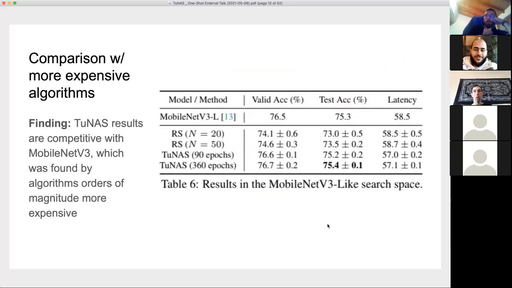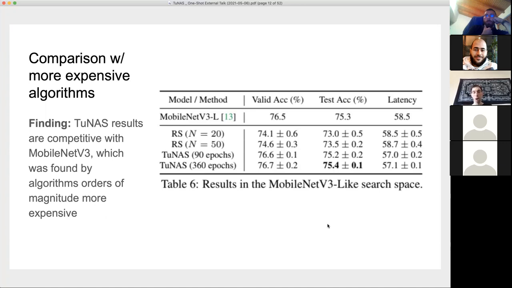Another way that you can look at this is to ask, okay, if we take a large search space, is it actually going to be able to recover architectures which are competitive with things that people have come up with in the past and have spent a lot of effort engineering? For this purpose, we used MobileNet v3, which was optimized with a combination of two different architecture search algorithms, and where quite a lot of engineering effort was spent trying to improve the architecture already.